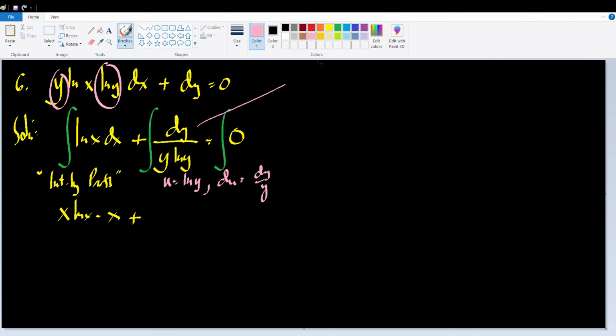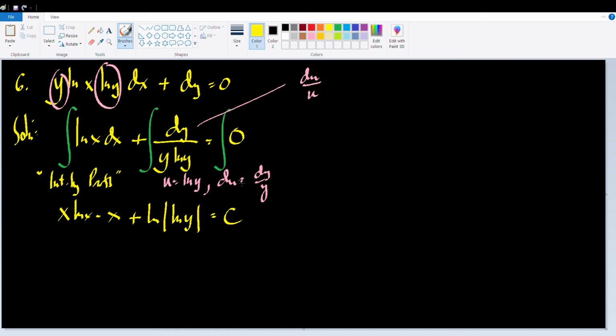So this takes the form what? Du over u. No? dy over y is your du, and ln of y is your u. And we know that the integral of du over u is ln absolute value of u, which is ln of y equal to c.